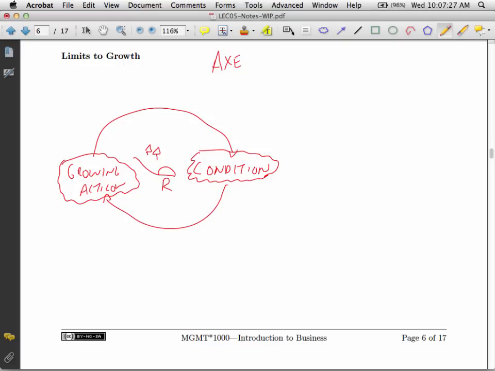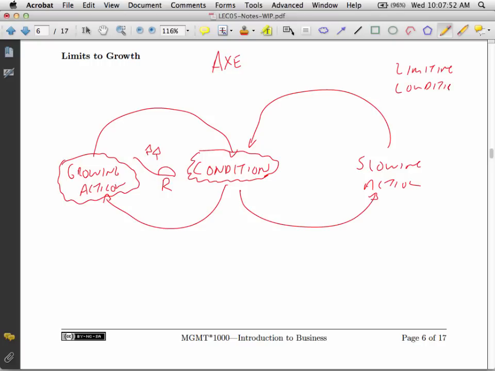And the question is, why does it begin to slow? We don't have any balancing pieces in here, but in fact, we do. We have some slowing action. And again, we saw this with the Axe situation. We had a condition, we had a slowing action where people started associating this particular scent with geeks and dorks, I think was the terminology used.